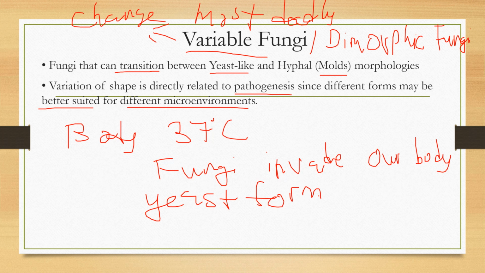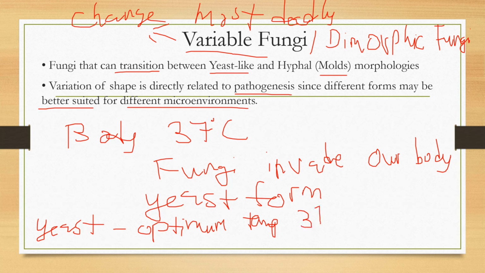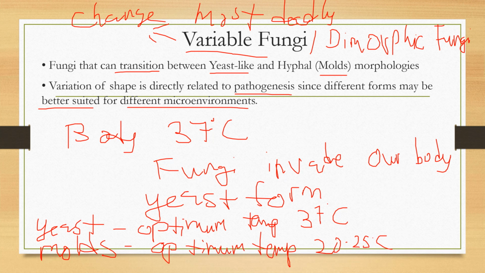Now, you may be wondering, sir, why is it in the yeast form, class? Your yeast, class, would survive at an optimum, kindly write this down, at an optimum temperature of 37 degrees centigrade. While your molds, class, have an optimum temperature of 20 to 25 degrees centigrade.